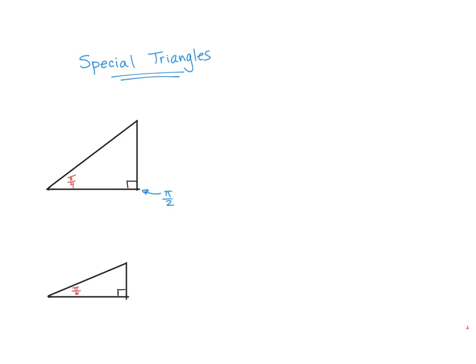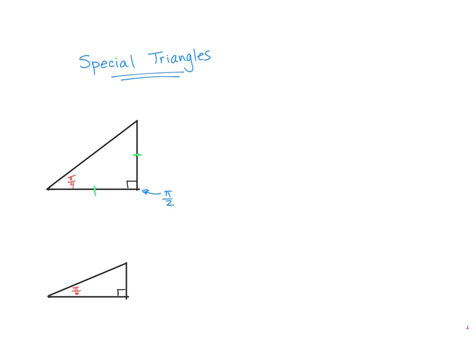If I cut pi by 2 in half, I get my pi by 4, which means this was originally a square. If I think about how I can create this triangle, that means it was originally a square, which means these side lengths here have to be equal.